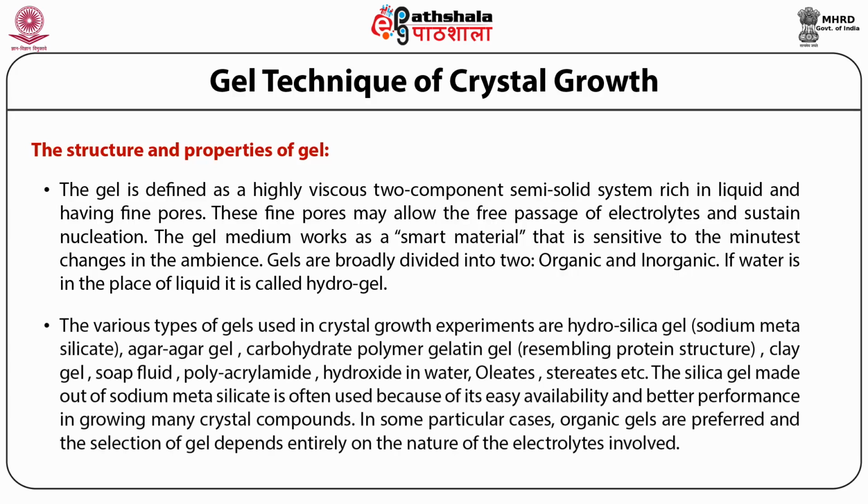The various types of gels used in crystal growth experiments are hydro-silica gel, which is also known as sodium metasilicate, then agar-agar gel, a carbohydrate polymer, gelatin gel, which resembles protein structure, clay gel, soap fluid, polyacrylamide, hydroxide in water, oleates, stearates, etc. The silica gel made out of sodium metasilicate is often used because of its easy availability and better performance in growing many crystal compounds.